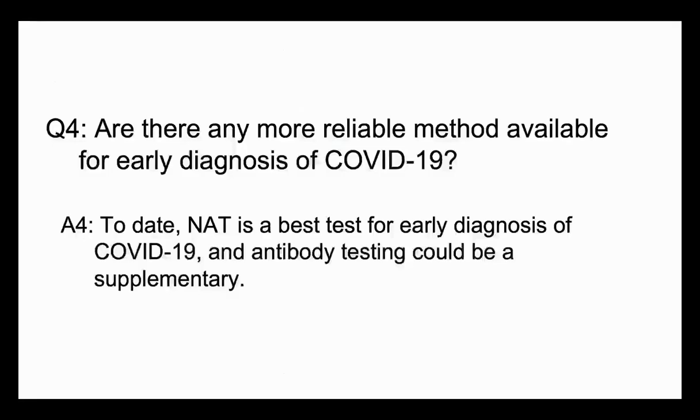So, based on this result, to date, nucleic acid testing is the best test for early diagnosis of COVID-19, and antibody testing could be supplementary. Of course, we are looking forward to the antigen testing coming out soon.